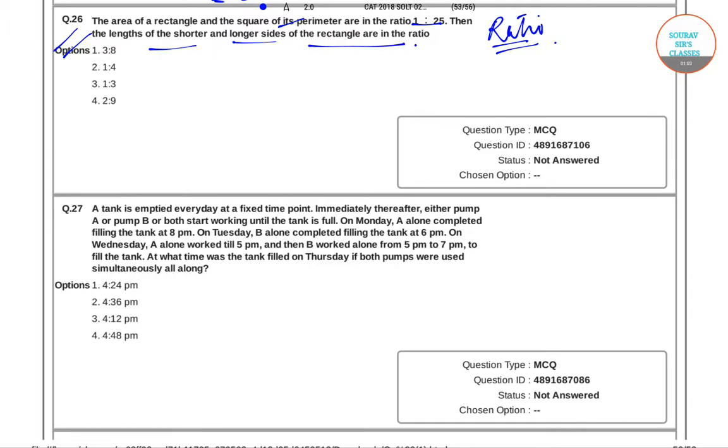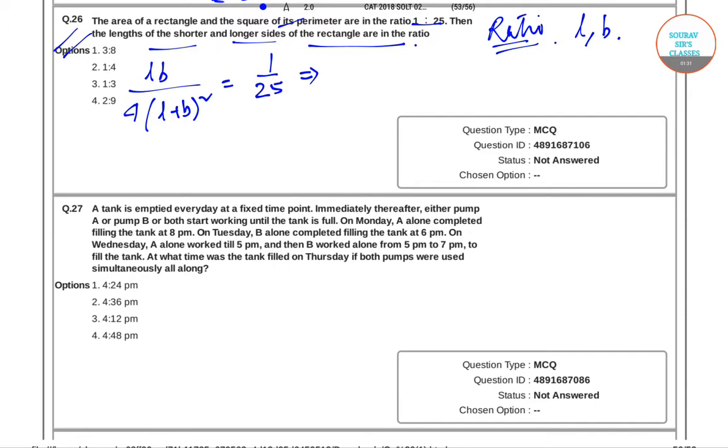Okay, so we'll take the length to be L and breadth to be B. Therefore area will be equal to LB, and the square of the perimeter is 2 into (L plus B) whole square, which is 4 into (L plus B) whole square, and this is equal to, as already given, 1/25.